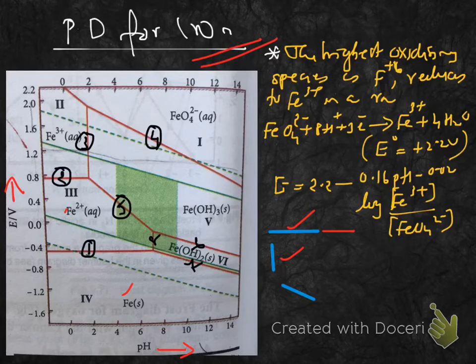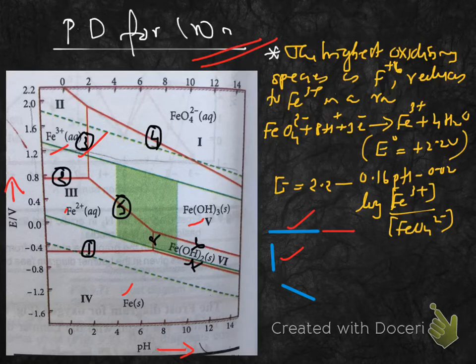Vertical line represent species which are pH dependent but potential independent. They represent species of the same oxidation number but in different chemical environment. Line number 3 represent equilibrium between Fe3 plus and FeOH thrice.